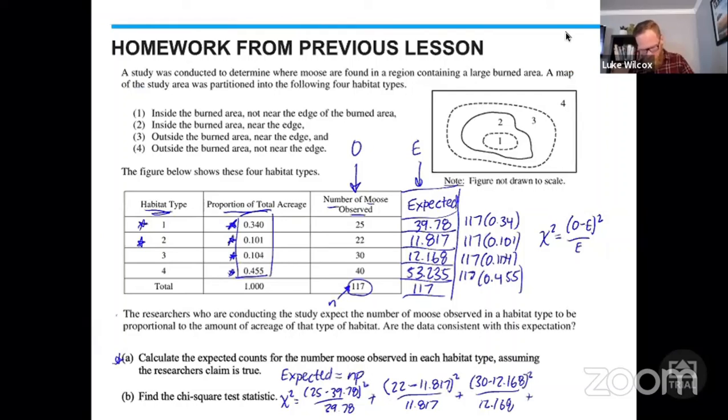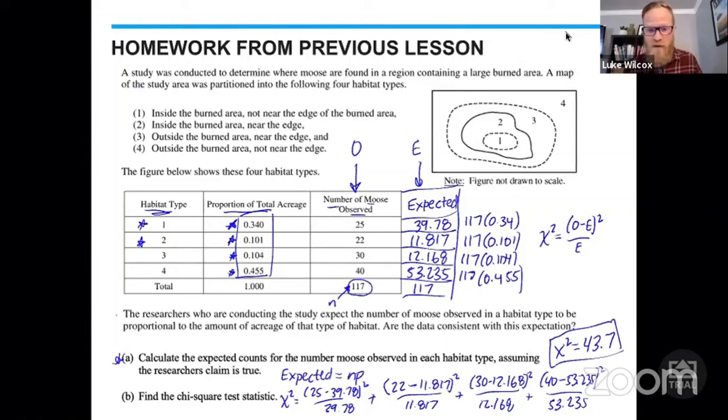And the fourth, where we had 40 observed moose, and we expected 53.235. And you're going to have to put that whole mess into your calculator. And I'm going to give you the final answer here for chi-squared is about 43.7 as the chi-squared test statistic there.